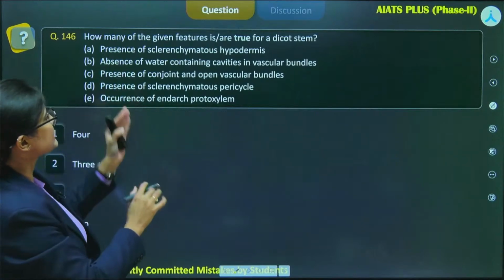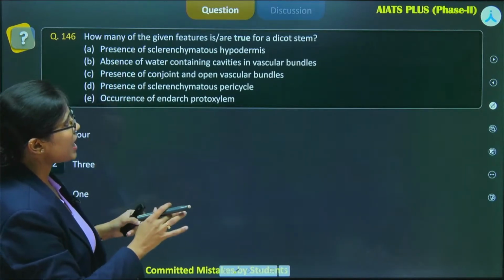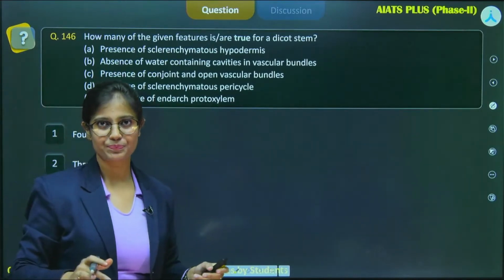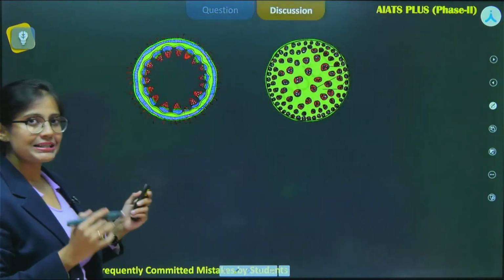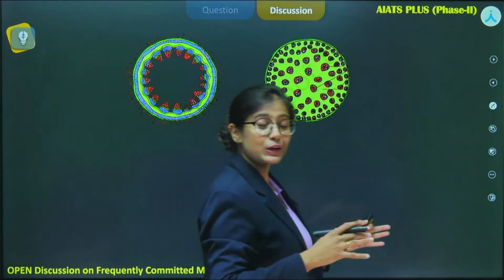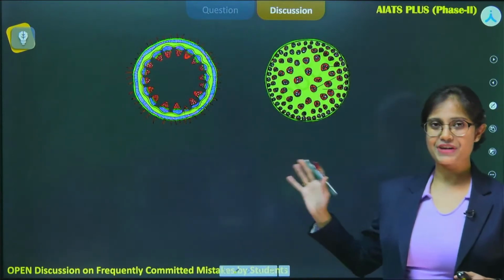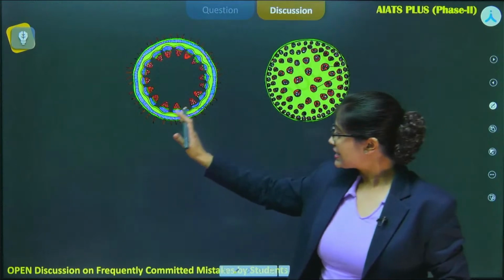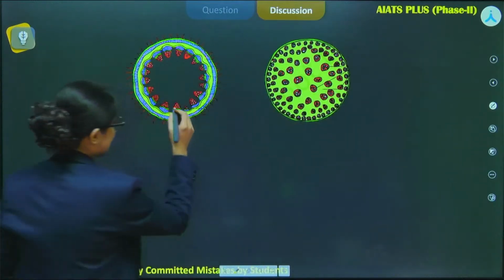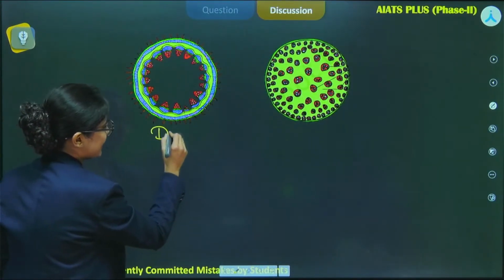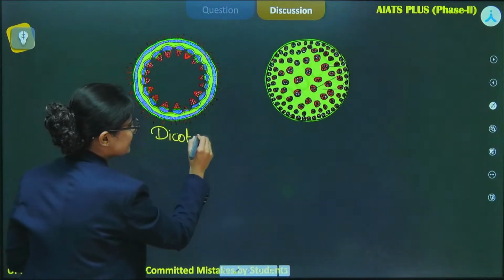146, which says: how many of the given features is or are true for dicot stem. Now, let's understand how dicot stem and monocot stem actually look like and what are their differences. This is the image of dicot stem, or we can say TS of dicot stem.